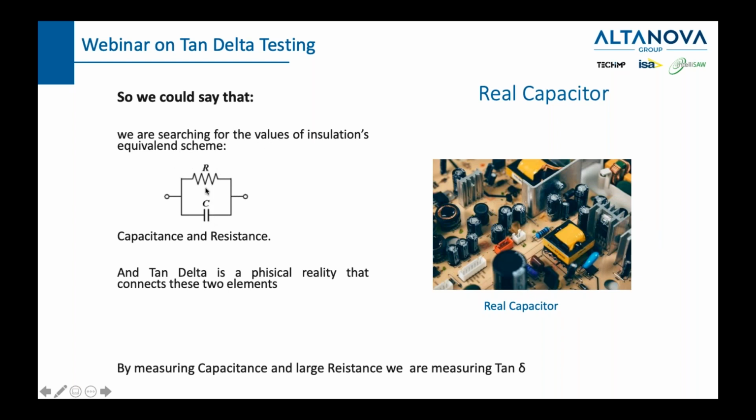We have capacitance, we have resistance, and the tan delta is a physical reality that connects these two elements. So by measuring capacitance and a large resistance, we are measuring tan delta. We are basically measuring how non-perfect our insulation is, and we have modeled our insulation with a capacitor, and then to make it more realistic, we have modeled the capacitor not as an ideal but as a realistic capacitor, and the realistic capacitor has resistance and capacitance.